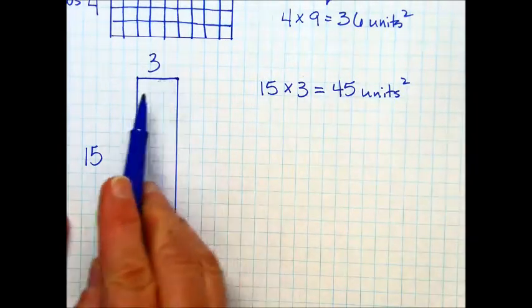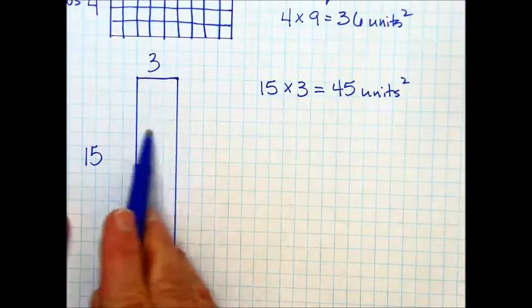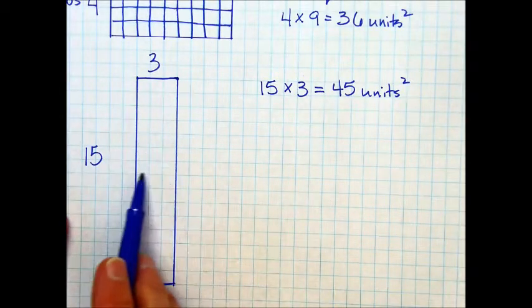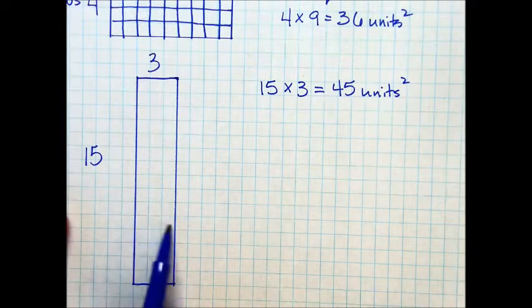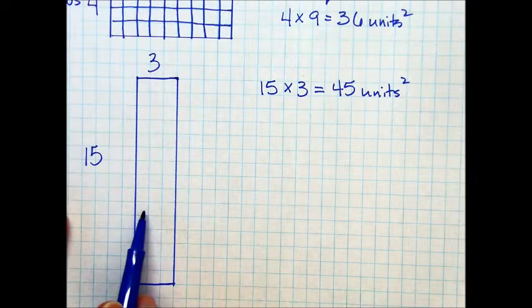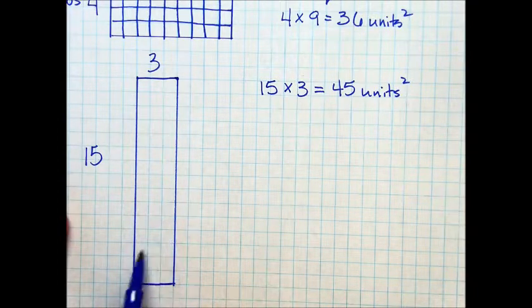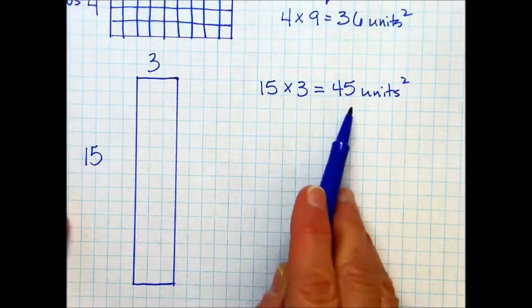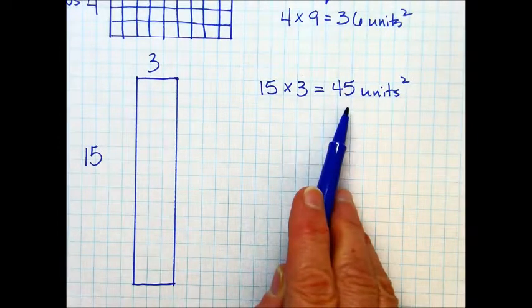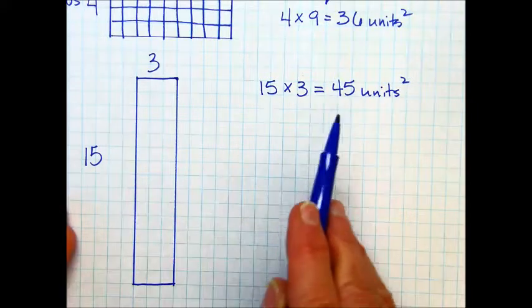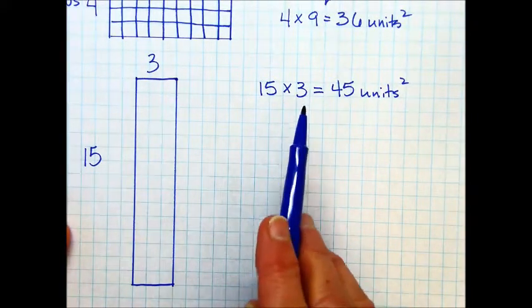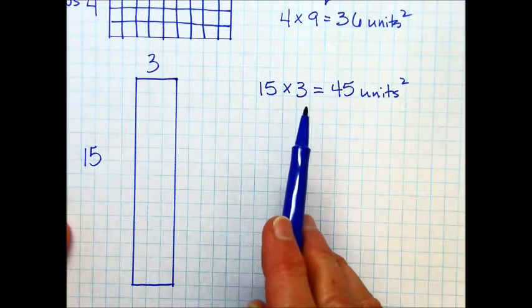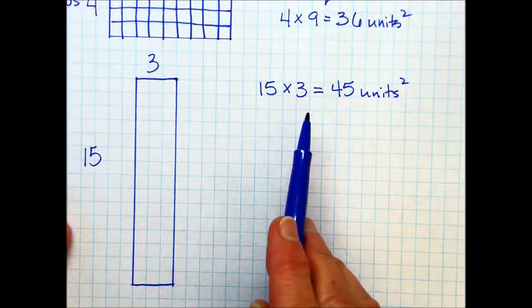If I went by threes, I could go 3, 6, 9, 12, 15, 18, 21, 24, 27, 30, 33, 36, 39, 42, 45. Again, you would get the same number. That's what area is all about. You're multiplying the length and the width to get the total square units of that area.